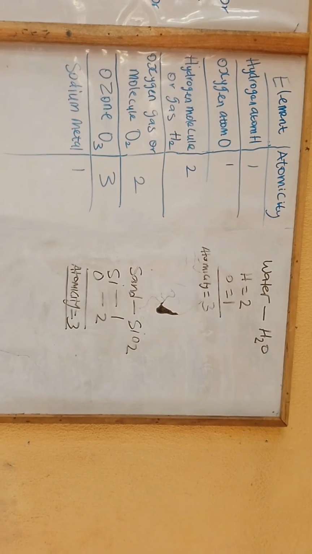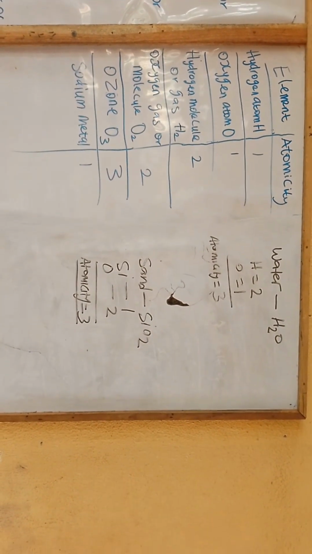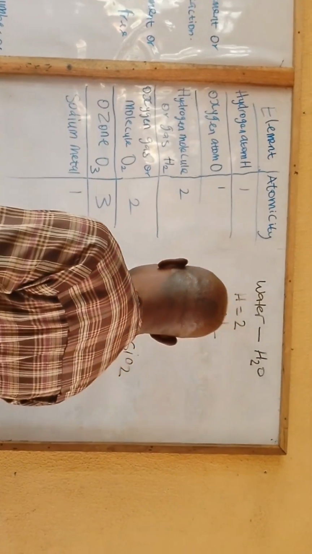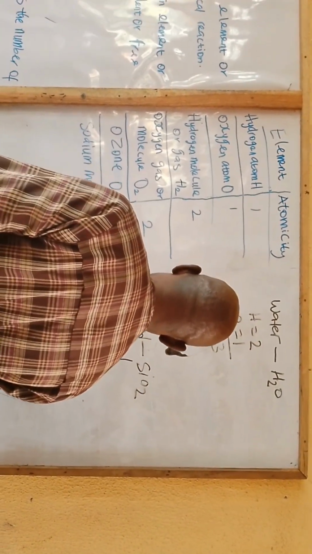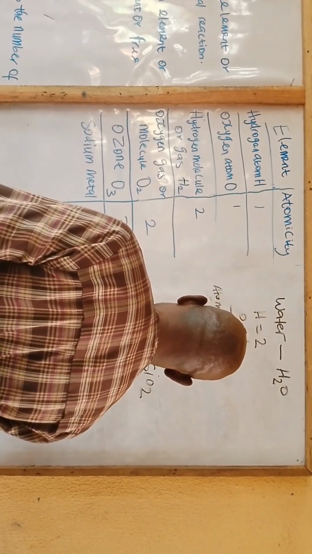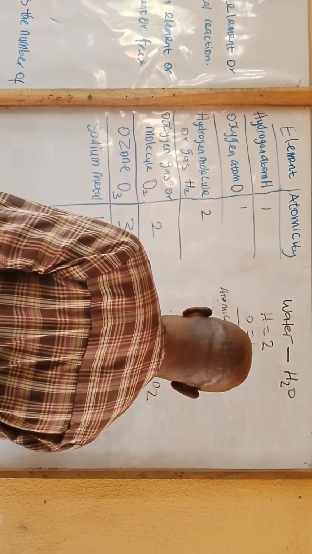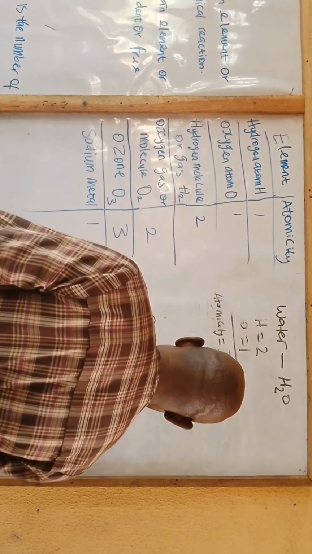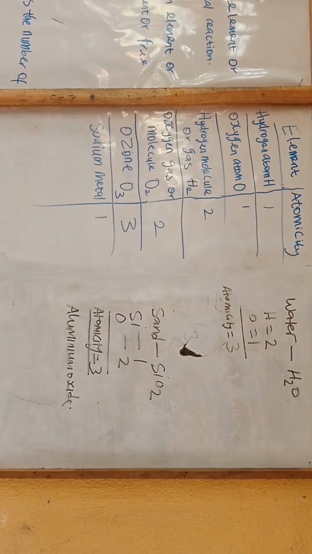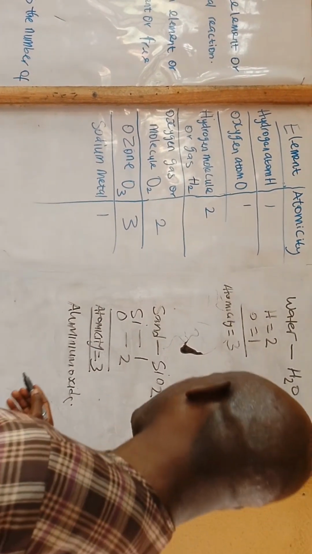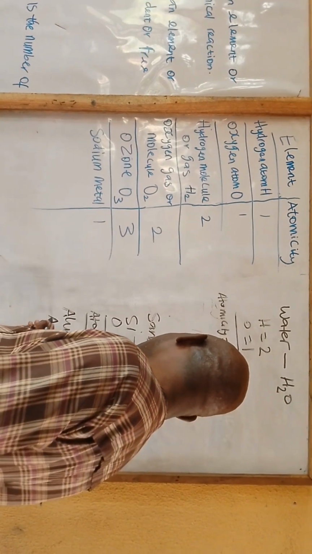Then, if you have to find the atomicity of, let's say, aluminium oxide, the first thing is for us to be able to write the correct formula for aluminum oxide. Aluminum oxide is what?